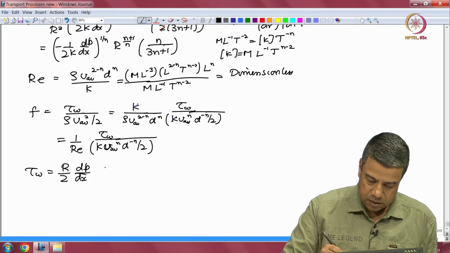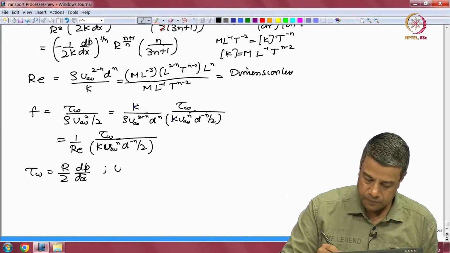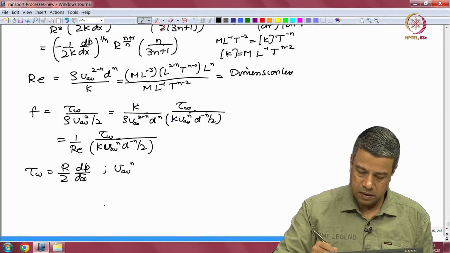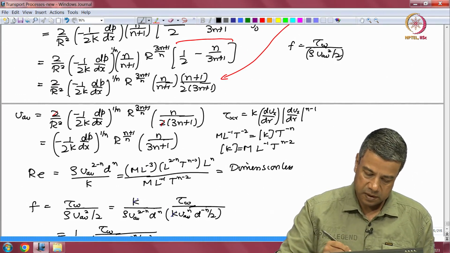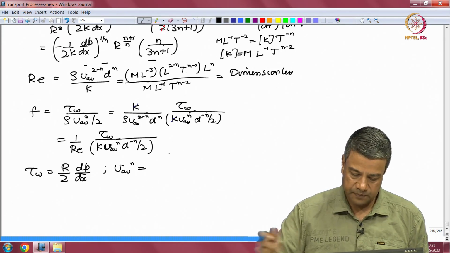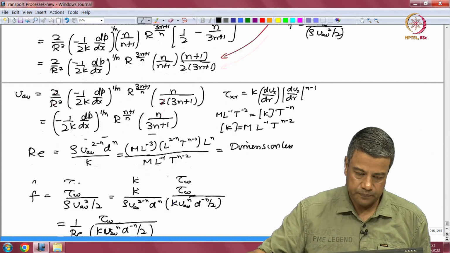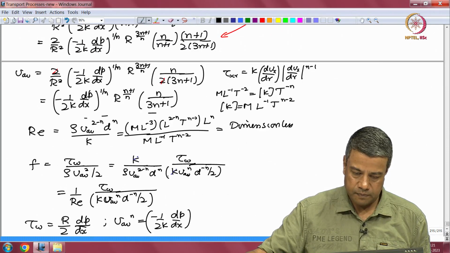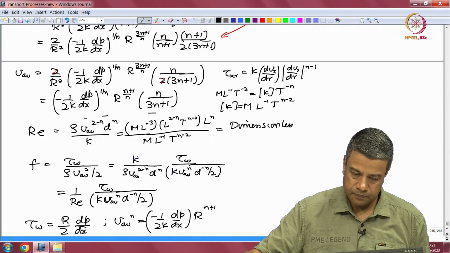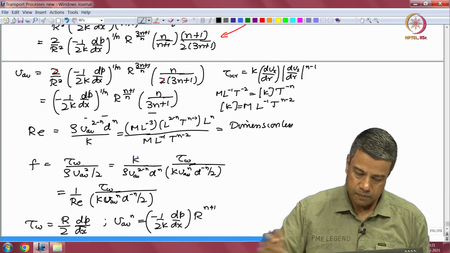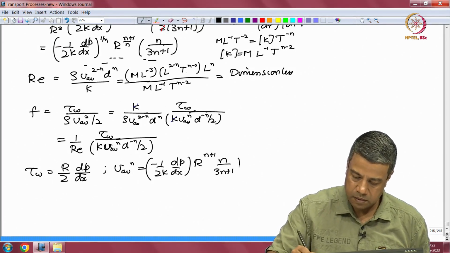And I have V average power n, so I have to take the expression for V average to the nth power, with n by 3n plus 1 to the power n.